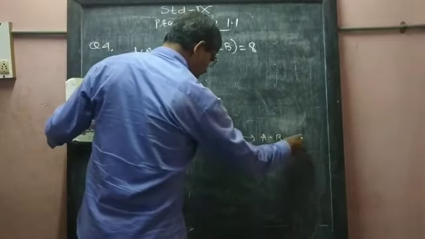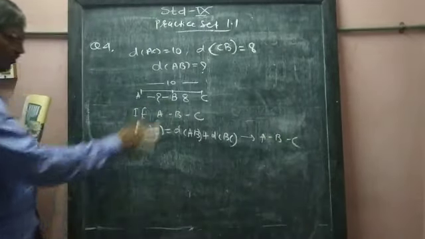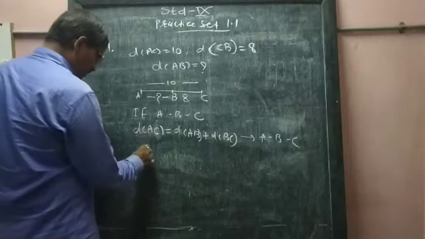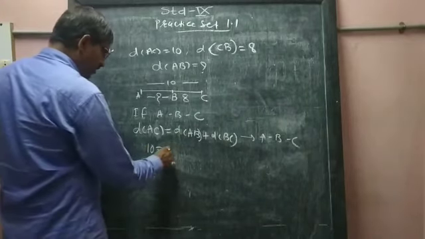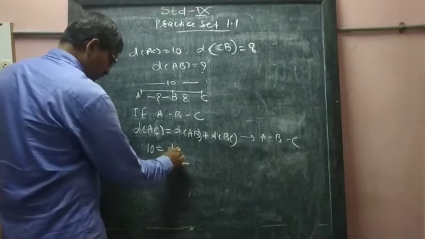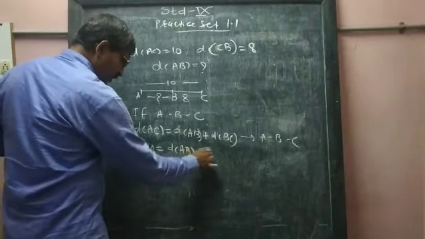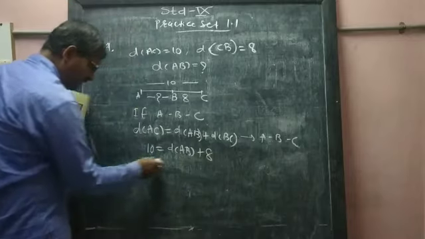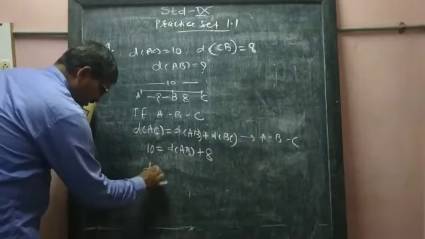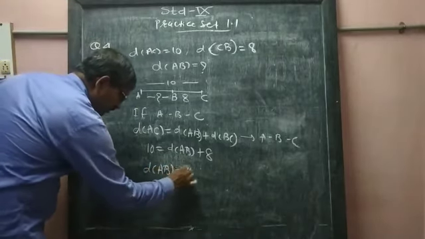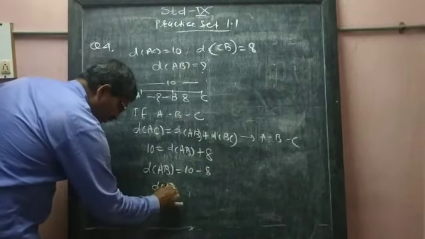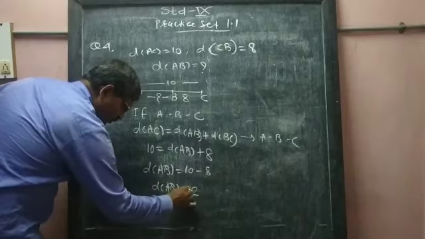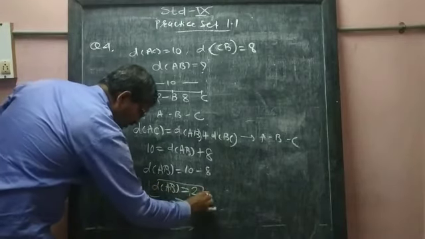A between B between C I already wrote here, so no need to write that reason. Then AC is 10, AB we don't know, but BC is given 8. 8 will come to this side. Means distance AB is equal to 10 minus 8. Distance AB is equal to 2 units.